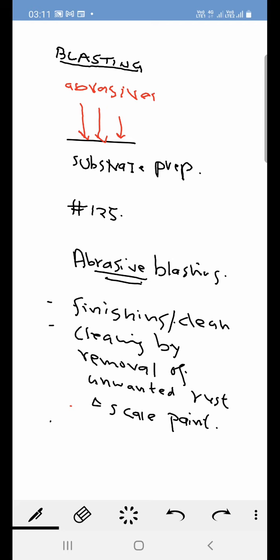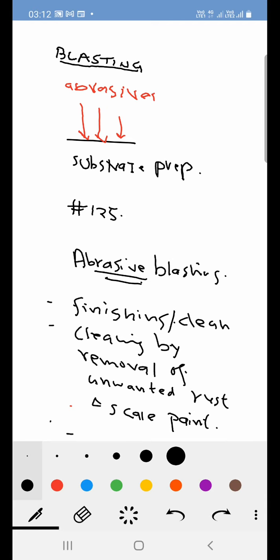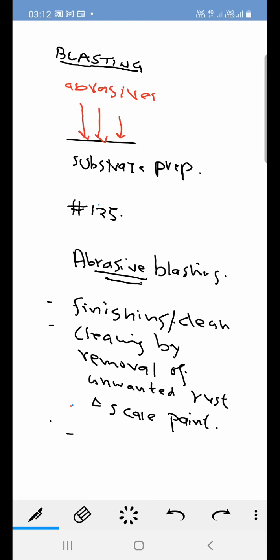Now, for painting purposes, suppose you would like to paint the surface, then for that you require a clean surface, not only for painting but for anodizing and welding, etc. You require a clean surface, and so this cleaning is beneficial for these sorts of applications.